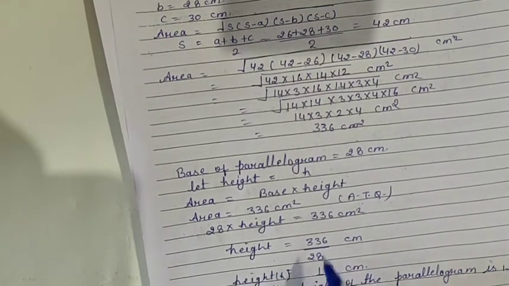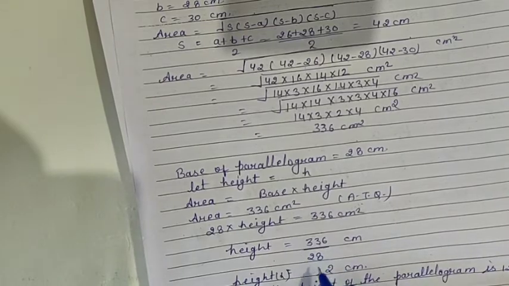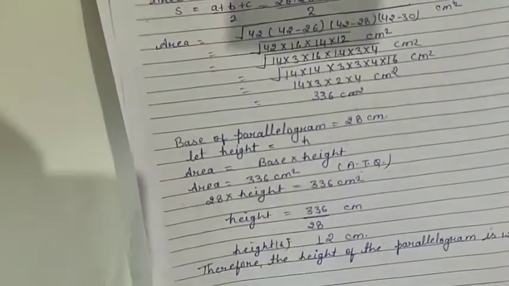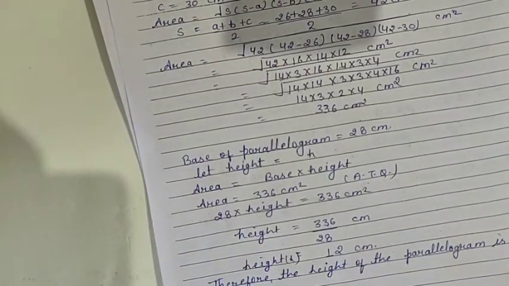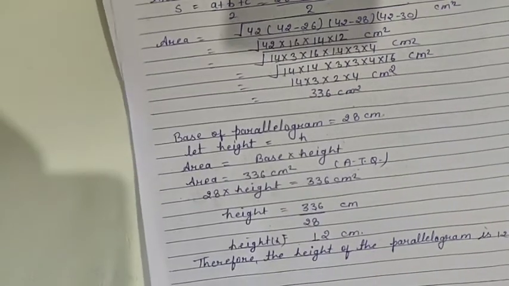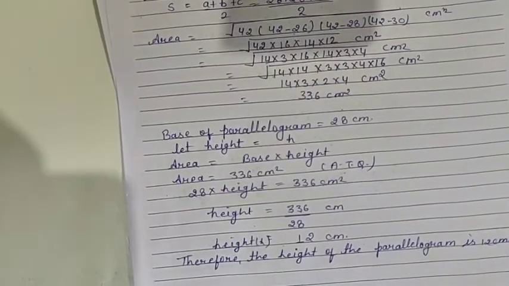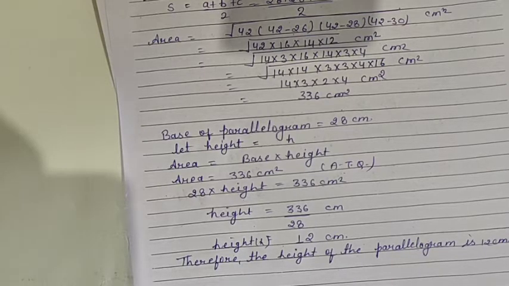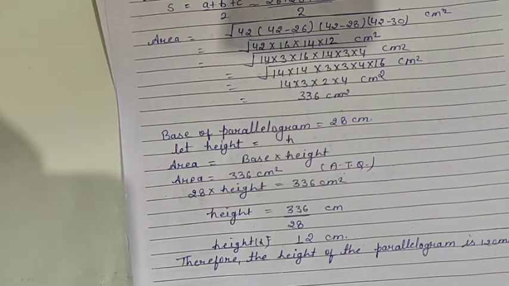So height is equal to 336 upon 28 centimeter. So height is equal to 12 centimeter. Therefore the height of the parallelogram is 12 centimeter. So this is your question number 4. Firstly, I found area of triangle, that is 336 centimeter square, and then we found height of the parallelogram.